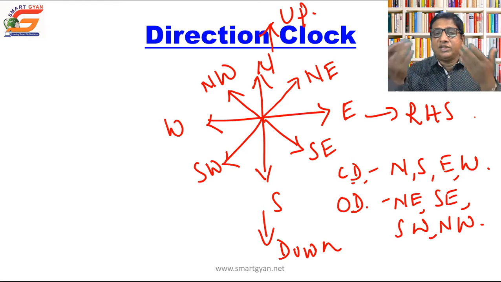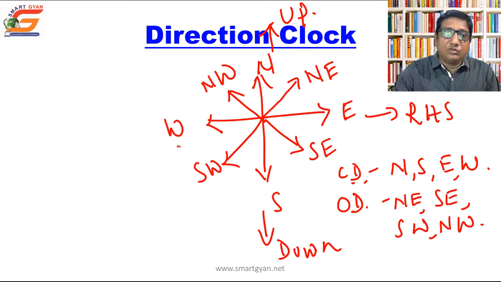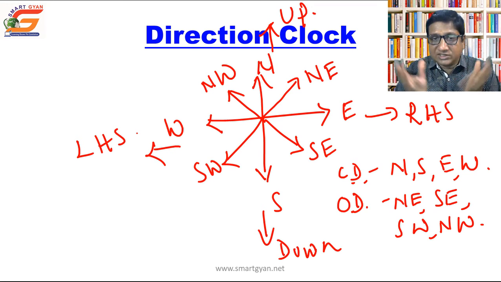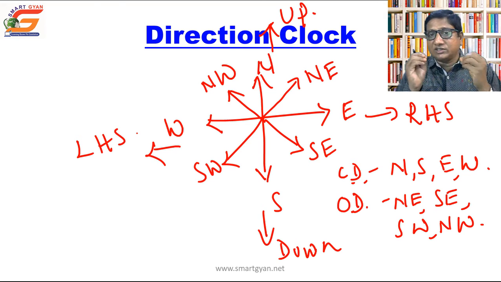A man was moving north, then he turned towards his right hand side. Then we also take LHS, left hand side. So, in all we use 12 directions for our purpose, and this along with angle of rotation and magnitude of rotation is direction clock.